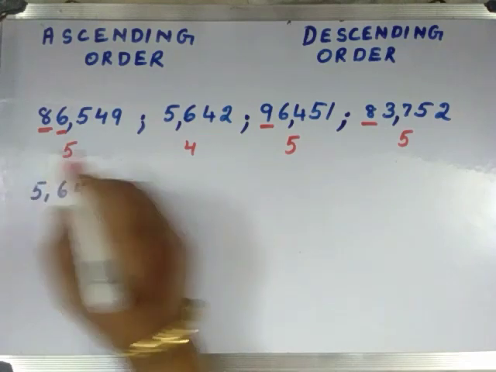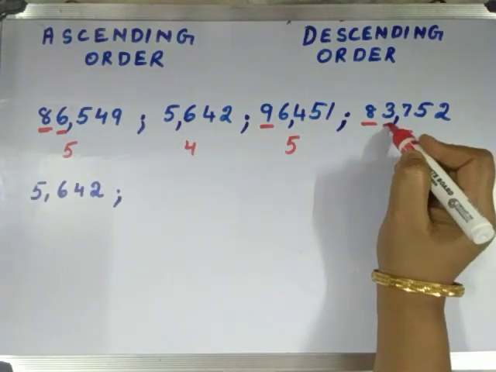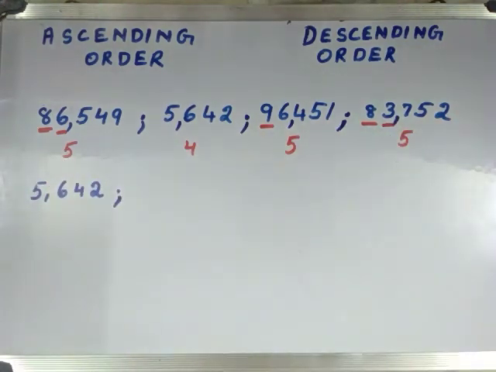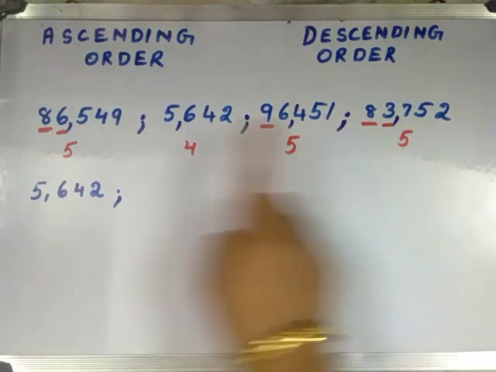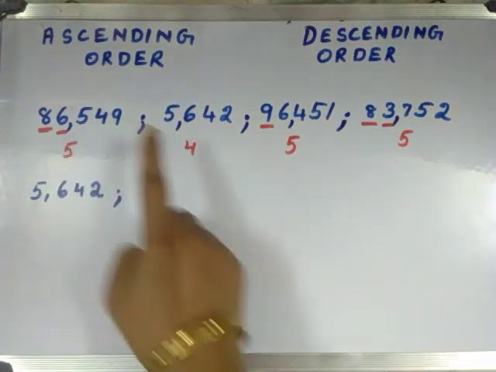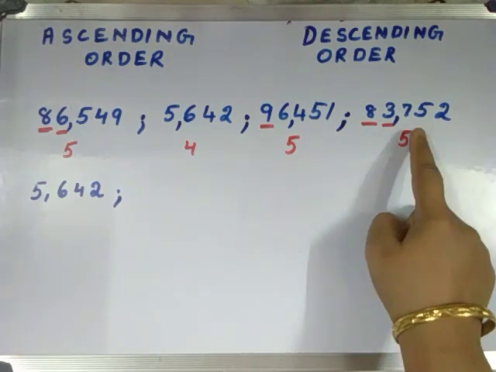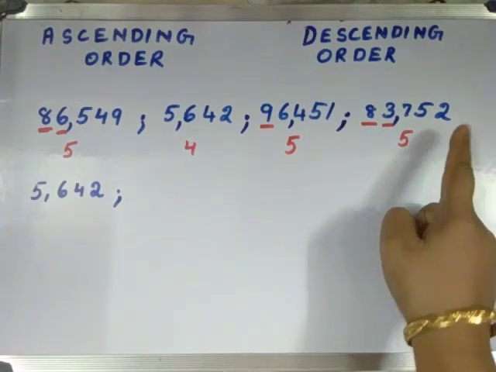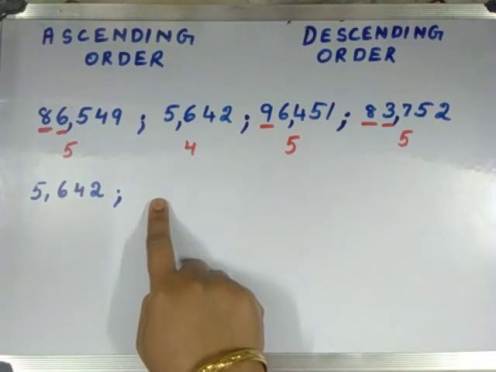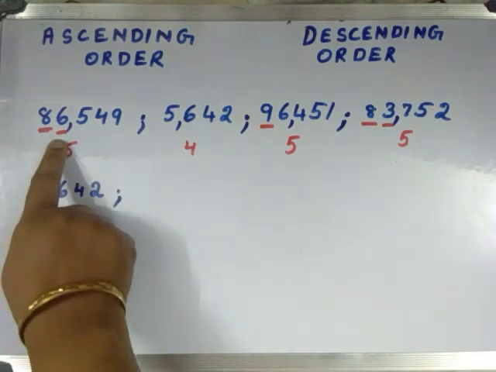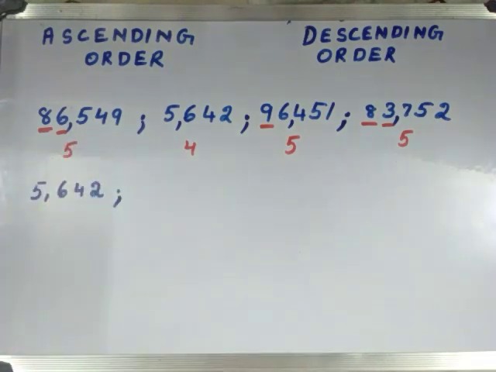The second digit here is 6 and the second digit here is 3. So which is smaller? 3 is smaller compared to 6. So which number will come first? This number, 83,752, we'll write first. It will come first, then 86,549.